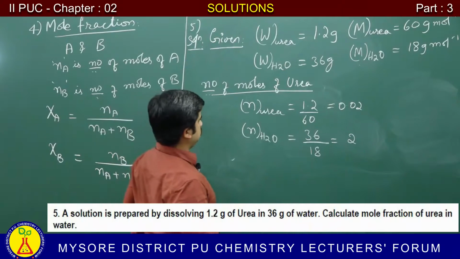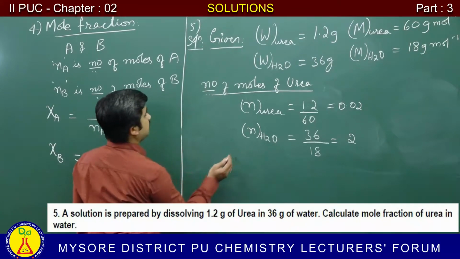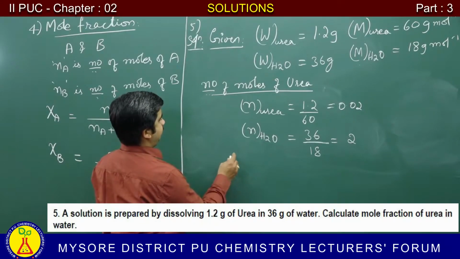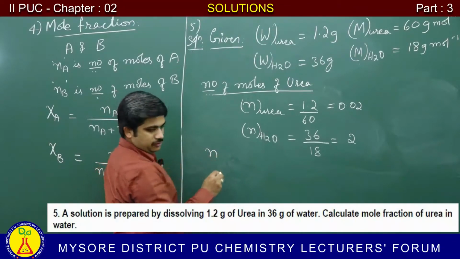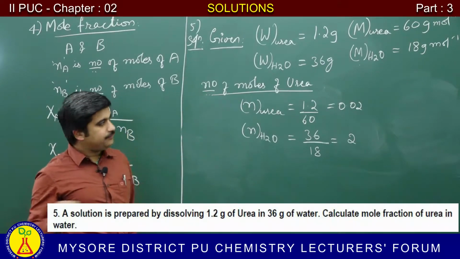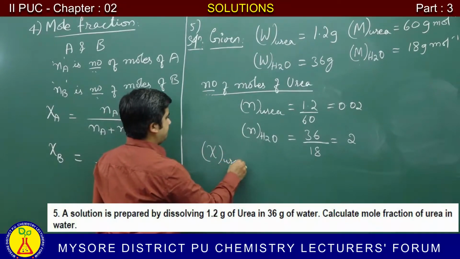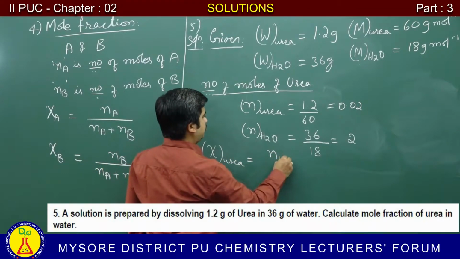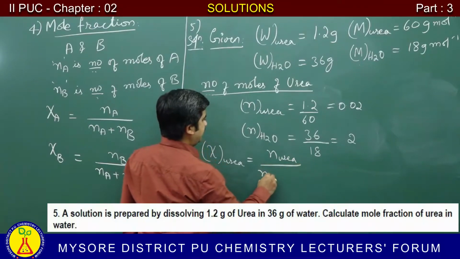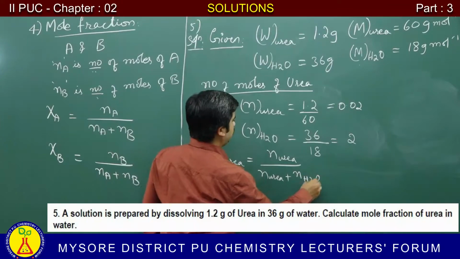Now, we can substitute them in the formula. We get mole fraction of urea is equal to number of moles of urea divided by number of moles of urea plus number of moles of water.